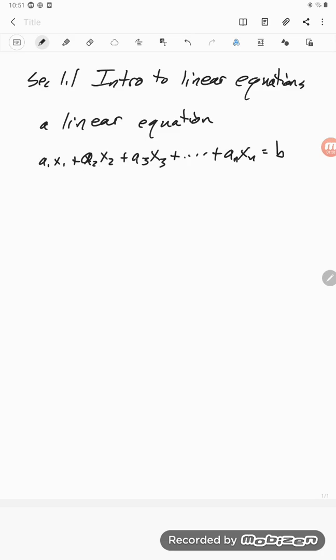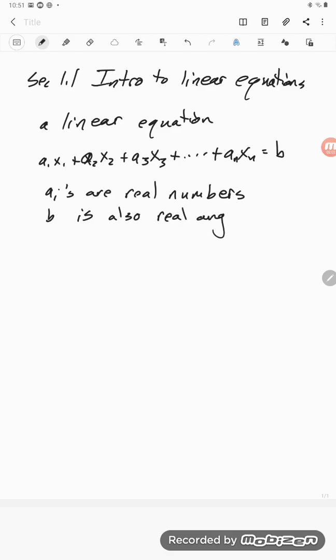That is a linear equation, and the a_i's are real numbers that are given. And b is also real and given. So that's what we're going to be dealing with.